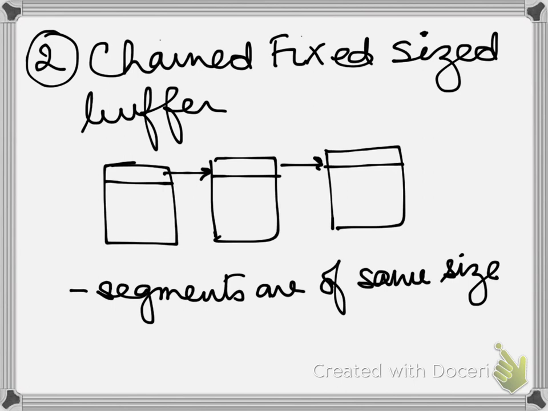If one segment is say 10 kb and the other is 1 kb, then there is a lot of wastage of buffer, because you put the 10 kb here, the 1 kb here, and then all the rest, 9 kb, would be wastage. So the first and second are fixed size.